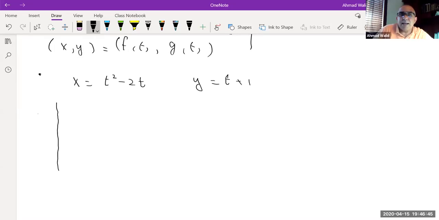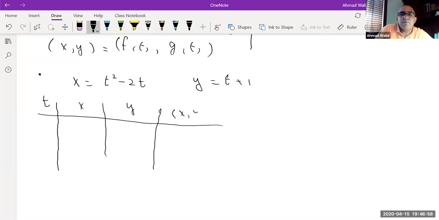Always make a table like this. I will put here t, here x, here y, and here maybe x, y as an ordered pair. Choose some values for your t, because if you want to find the value of x, you have to choose a value for t.